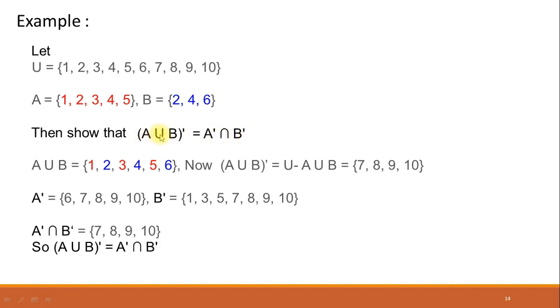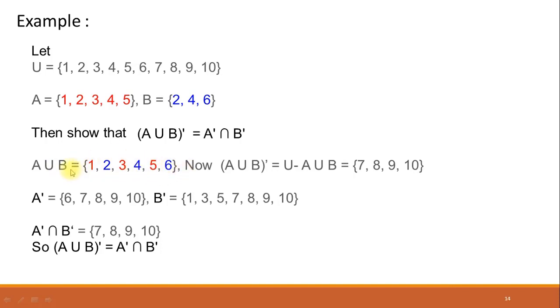First of all, for the left hand side, find A union B. A union B will be equal to 1, 2, 3, 4, 5 and 6. Since A union B contains elements of A or elements of B or elements of both, so A union B is equal to 1, 2, 3, 4, 5 and 6.